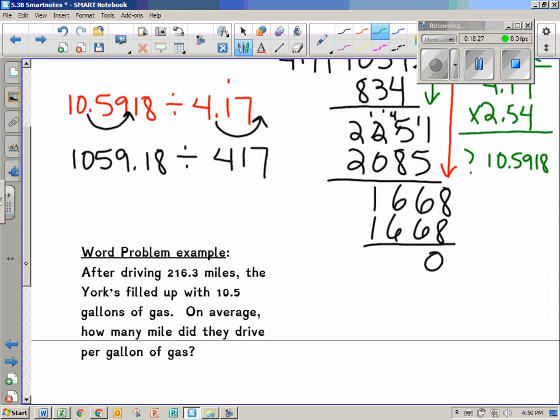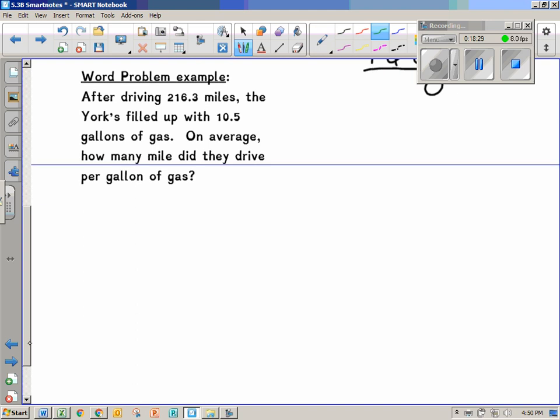Well, let's do our last problem, which is a word problem. And I just wanted to point out, I chose this problem on purpose because of the word per. Per is sort of a giveaway a lot of times that you're going to divide, and the problem actually tells you how to divide. So per means divide.